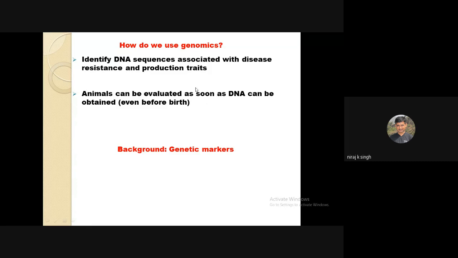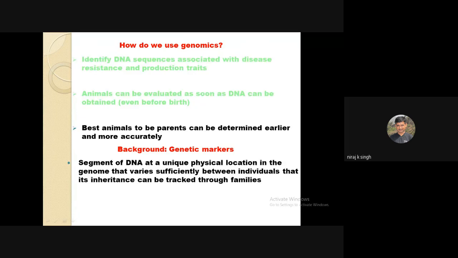But with the complete genomic information, we can evaluate the animals even before birth, while they are in the mother's womb, whether the animal will be a high producer or low producer. And only high producers or high genetic material animals will be used for further breeding purposes.